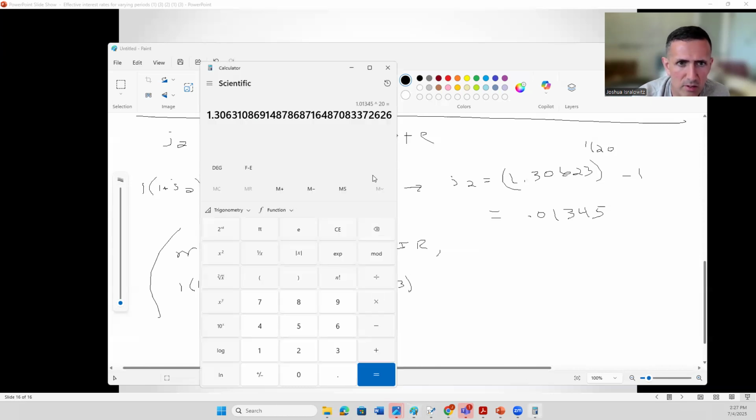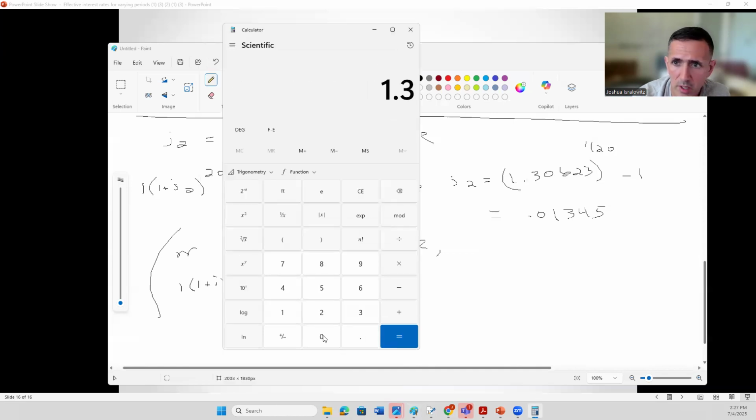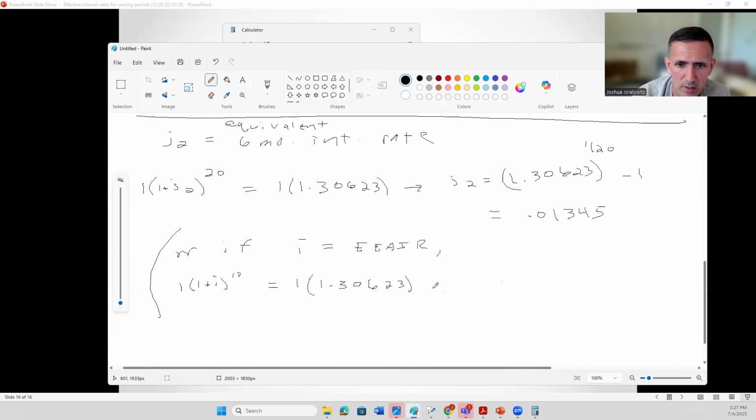I didn't write this down, but let's see, 1.30623 to the 1 over 10, which is 0.1. Nice. So actually, I did write it down: 0.02707. And so now, J2 is still the 6-month interest rate.